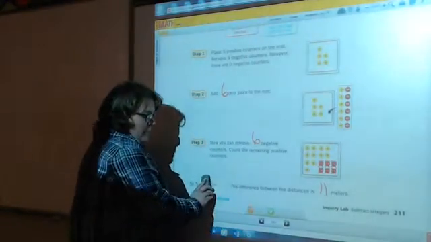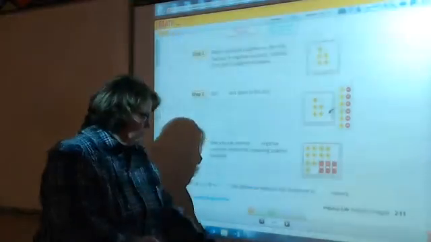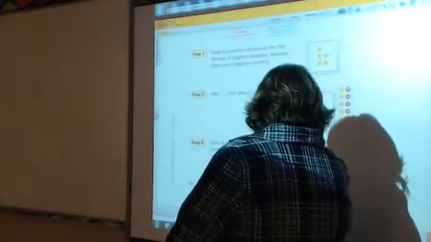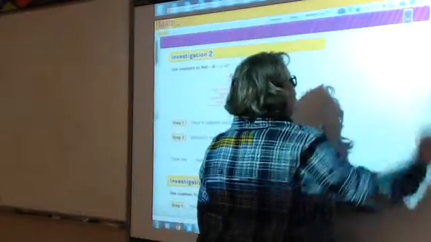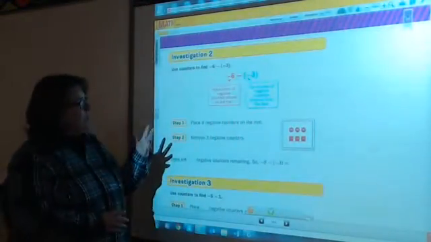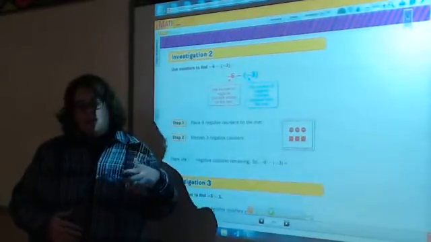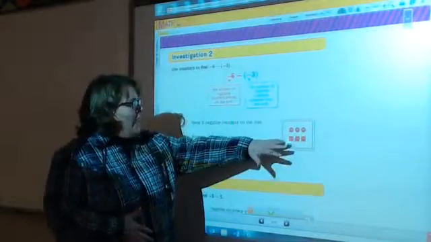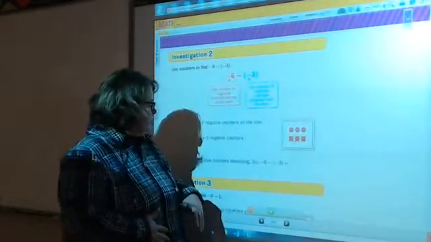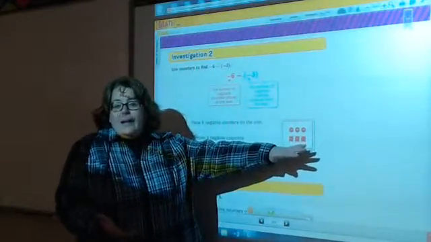Turn the page, please, to page 212. On page 212, now we're going to do investigation number 2, which is a negative 6 minus a negative 3. This is when your numbers are the same. If I have negative 6 counters and I'm going to take away my negative 3, I can do that.